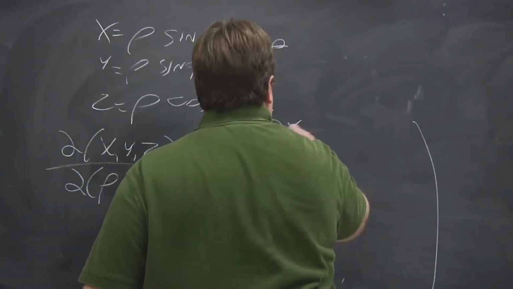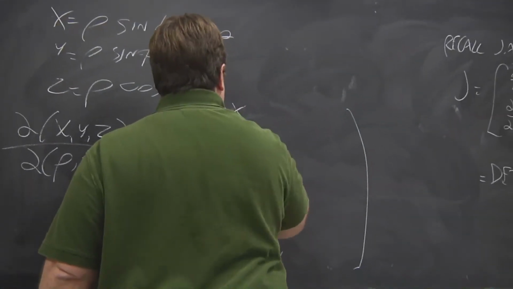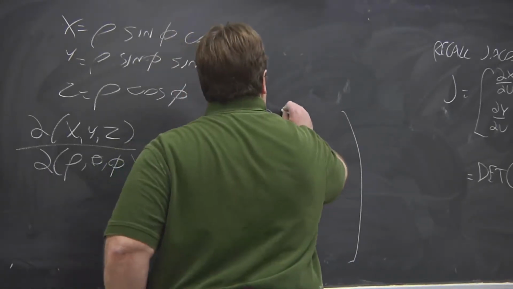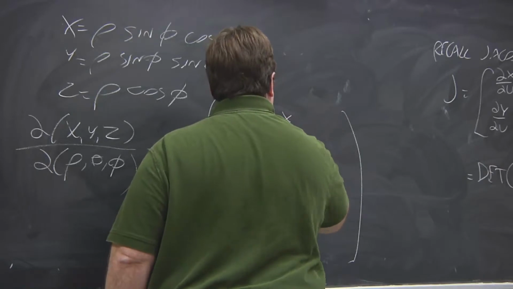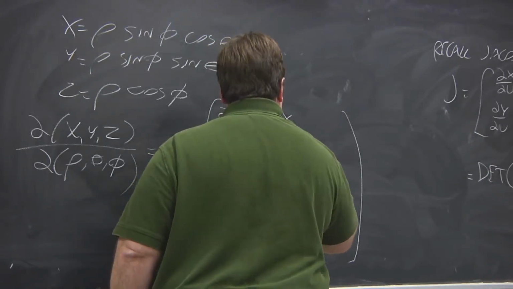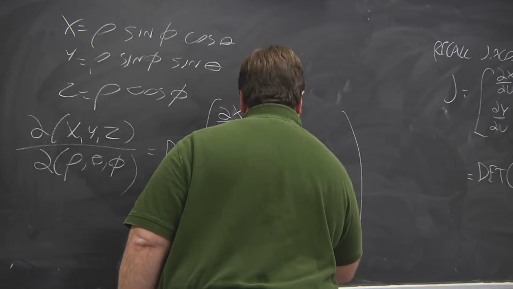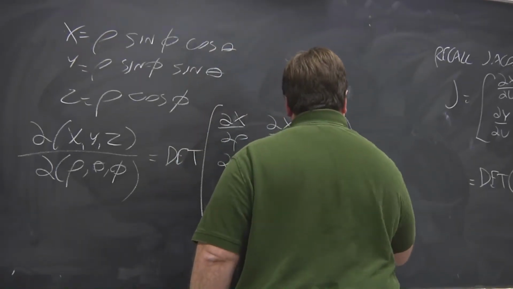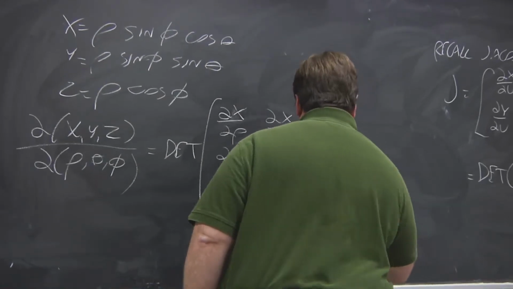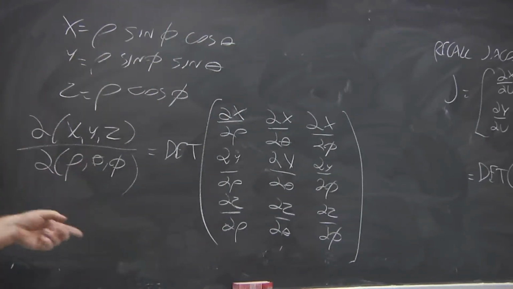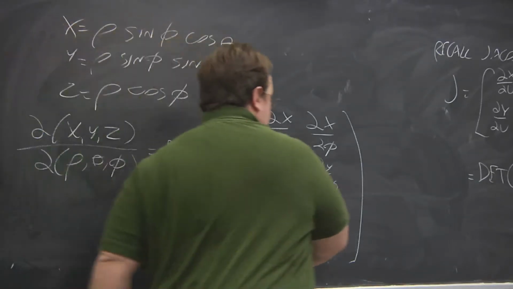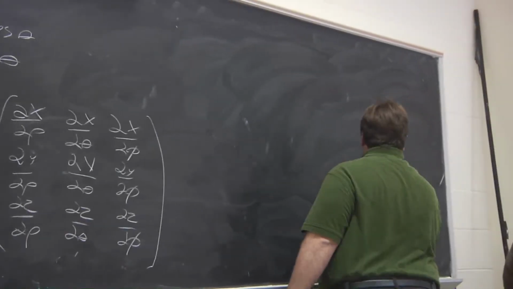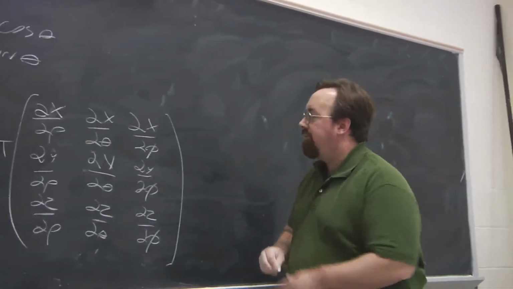So we're going to have dx d rho, dy d rho, dz d rho; dx d theta, dy d theta, dz d theta; dx d phi, dy d phi, dz d phi. So we need to compute all of these. Fortunately, in this example, not very hard, just long.